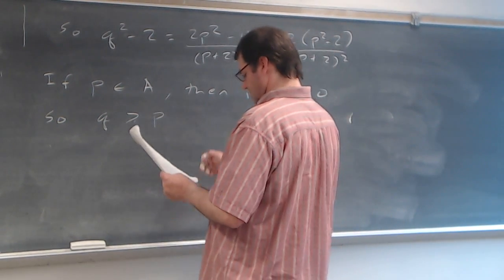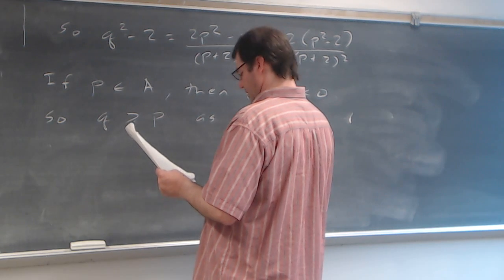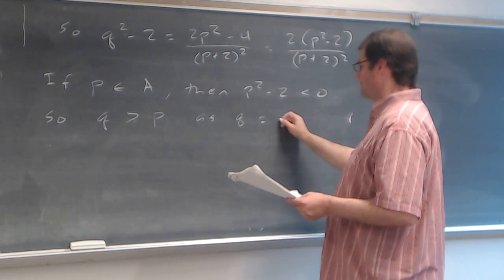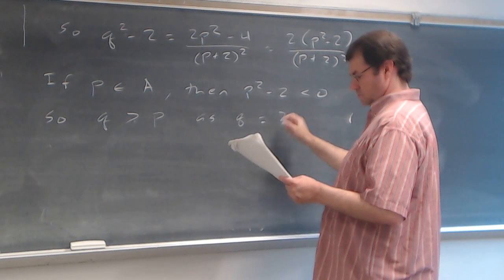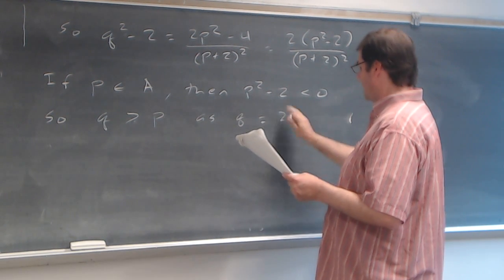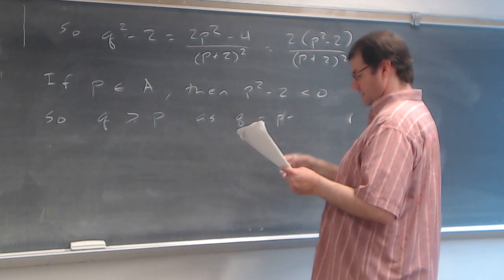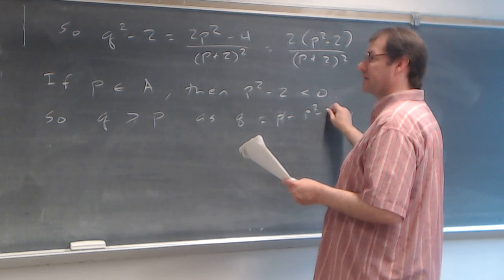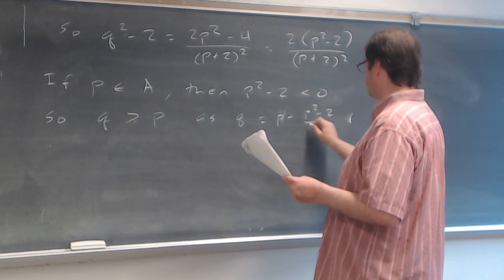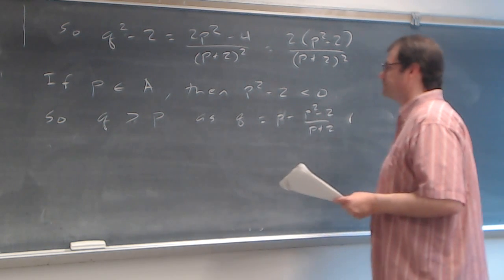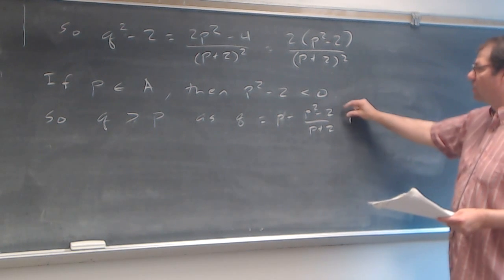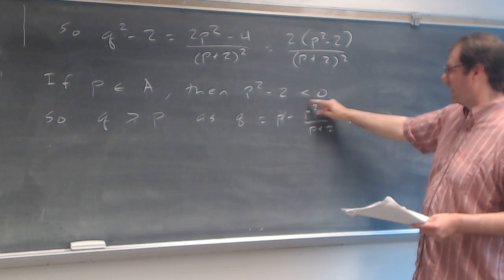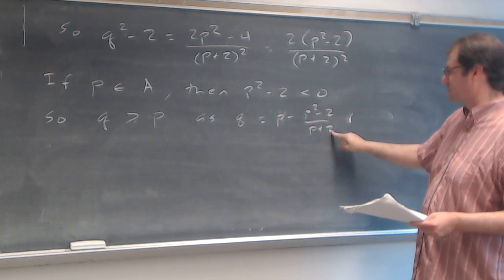And the reason is, q is equal to, don't forget, p minus (p² minus 2) over (p+2). And so this is going to be negative, okay? And this is positive.